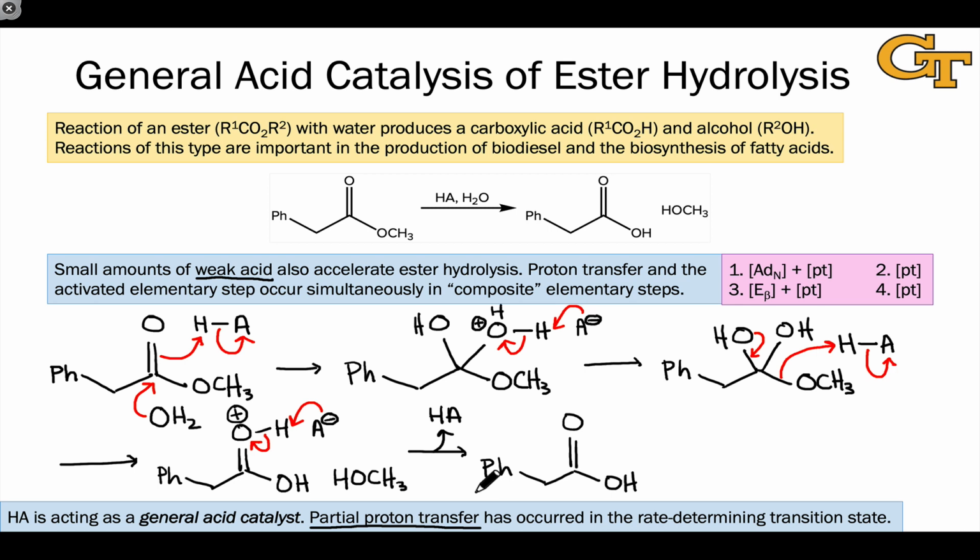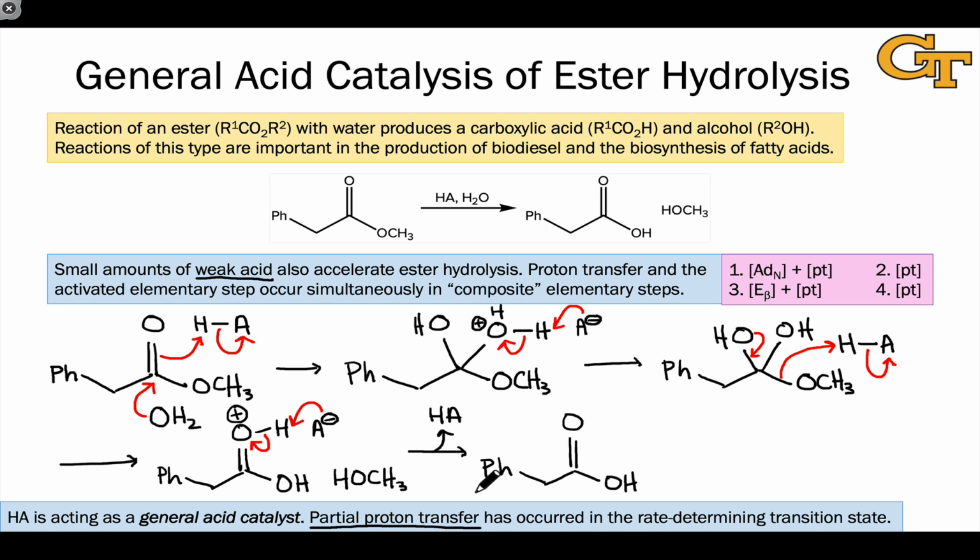Proton transfer and the bond formation happen concurrently. In the specific acid-catalyzed mechanism, we have intermediates involving full-on protonation, but we avoid those in the general acid-catalyzed mechanism. Because the acid is directly involved in the bond-forming step, the identity and concentration of the acid are very important to the kinetics of the reaction. This is why the reaction is called general acid catalysis.